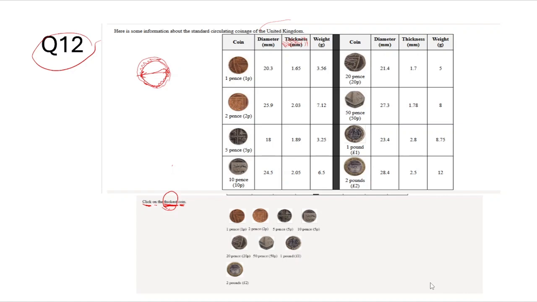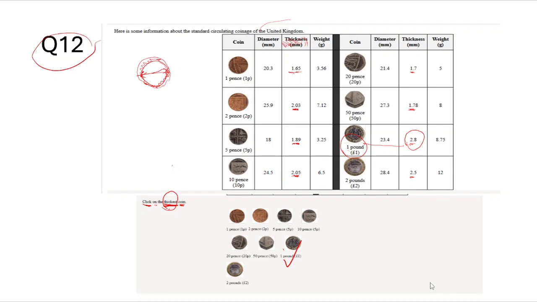Let's see which one is thicker than the others. The thicknesses are 1.65, 2.03, 1.89, 2.05, 1.7, 1.78, 2.8, 2.5. From here we can see that 2.8 is the greatest thickness, which is the 1 pound coin. This is the right answer. So this one is the thickest coin.